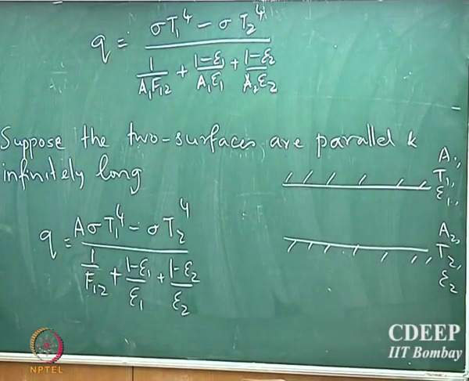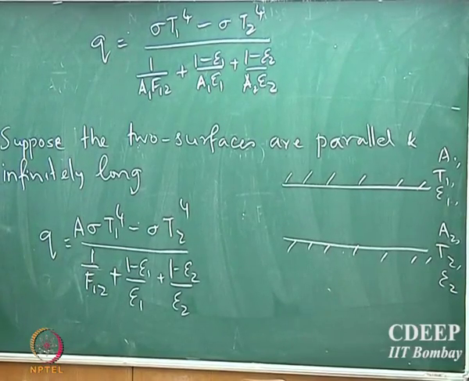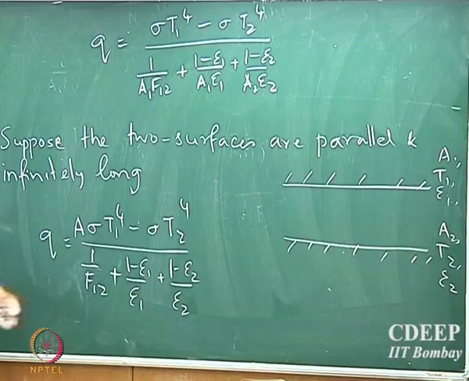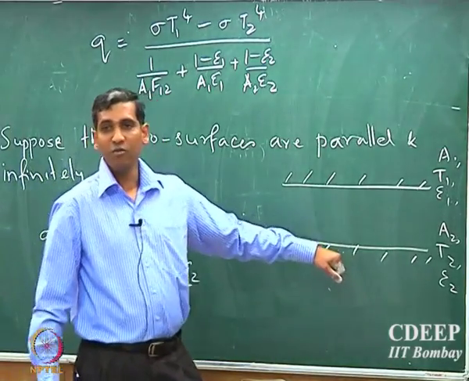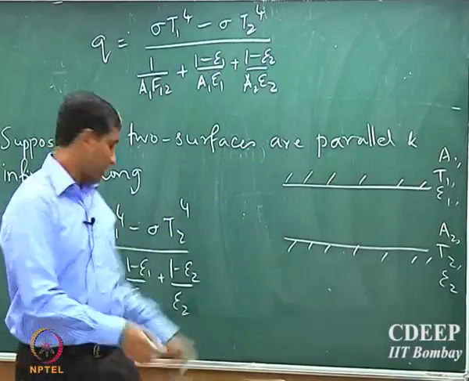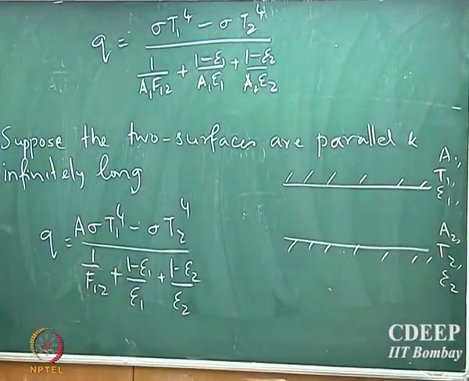What is F12? It's 1, because whatever radiation that leaves surface 2, it has to be seen by surface 1.